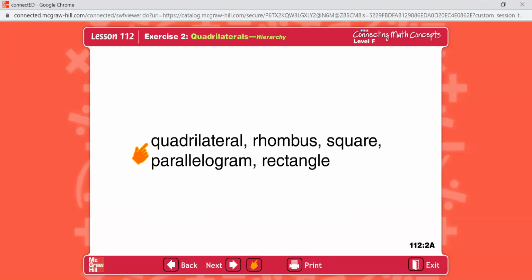Quadrilateral. H, what is any parallelogram that has 4 90-degree angles and 4 sides the same length? Square. And I, what is any parallelogram that has 4 sides the same length? Rhombus. Lastly, what is any quadrilateral that has 2 pairs of parallel sides? Parallelogram.